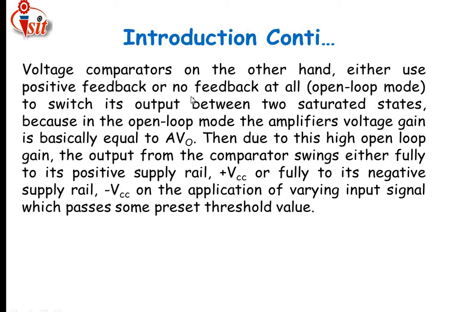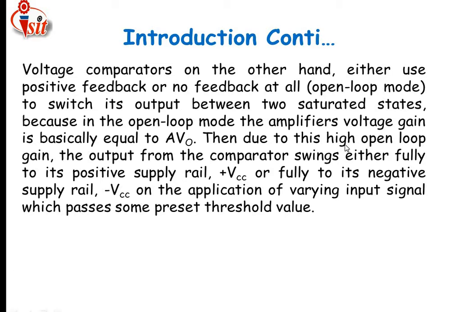Either positive feedback or no feedback switches its output between two saturated states, because in the open loop mode the amplifier's voltage gain is basically equal to A0 times V differential, that means gain times differential input voltage.